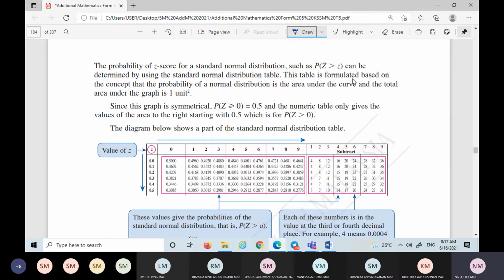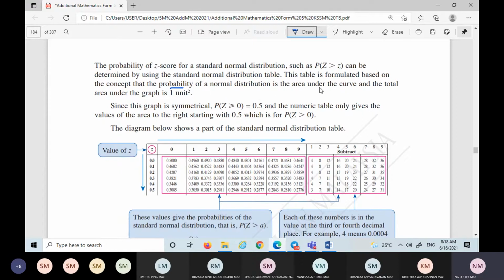This table is formulated based on the concept that the probability of a normal distribution is the area under the curve. This you know already. The total area under the curve, under the graph, is 1. This you also learned yesterday.